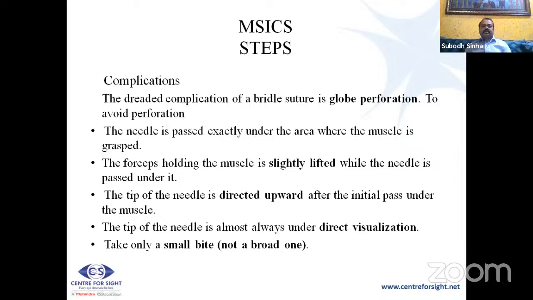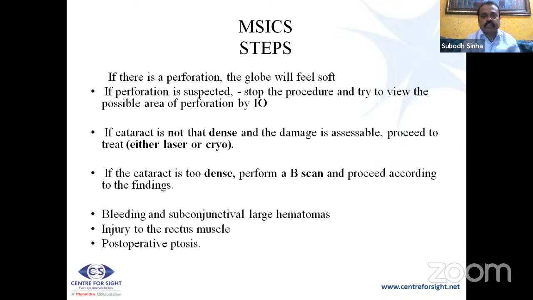Take a small bite of the muscle, lift it slightly, and always look at the tip of the needle, which should be directed upward, and take only a small bite. Don't take a bigger bite, as that may lead to increased risk of globe perforation.